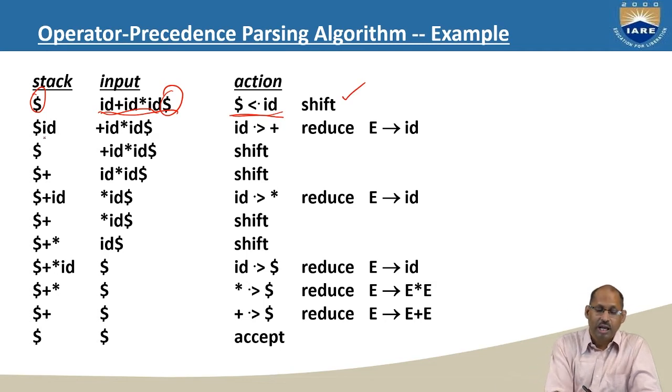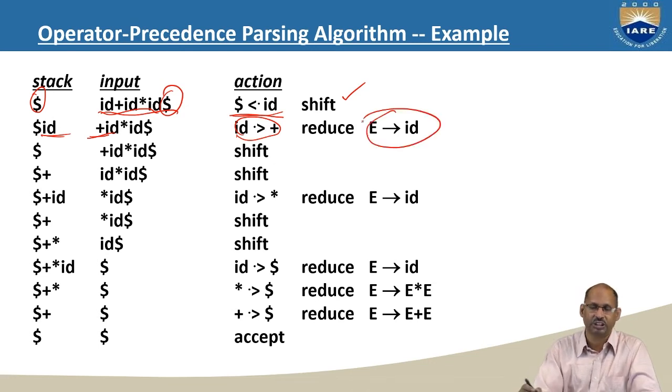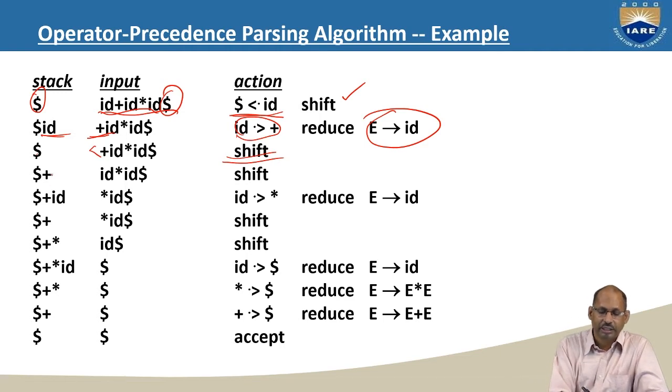Then ID and plus: the ID stack symbol is higher precedence, so perform reduction. Then here dollar sign is less than plus, so perform the shift action. Then plus is less than ID.